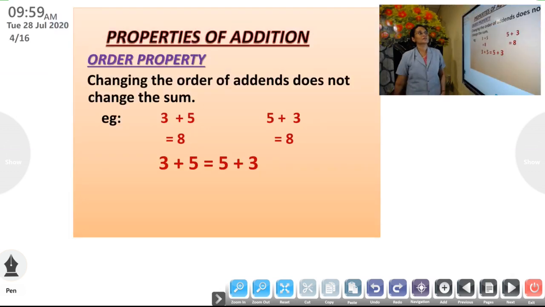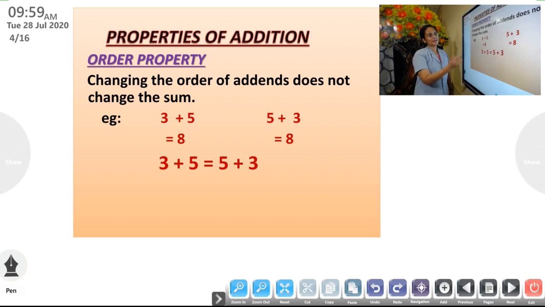Then now we will learn some properties of addition. The first property is order property. Now the property is like this. Changing the order of addends does not change the sum.